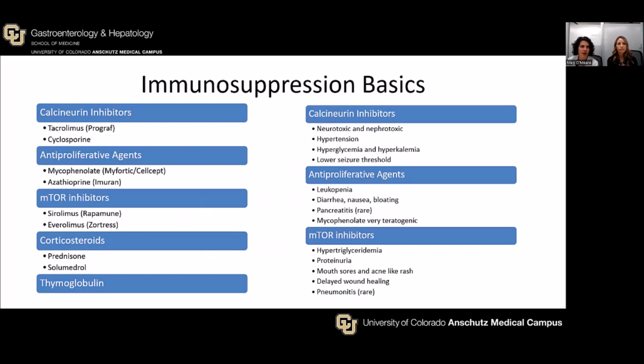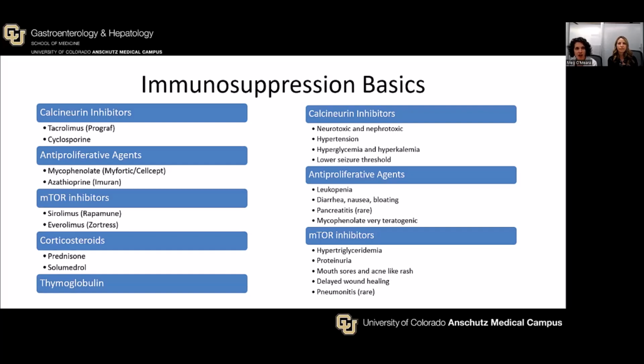So we talked about calcineurin inhibitors, and now back to this busy slide. Next, we'll talk about anti-proliferative agents, the first of which is mycophenolate. Brand names are Myfortic and Cellcept, and this medication works to prevent B and T cell production. Side effects of mycophenolate: you can see pancytopenias, so anemia, thrombocytopenia, and leukopenia are all very common on these medications.